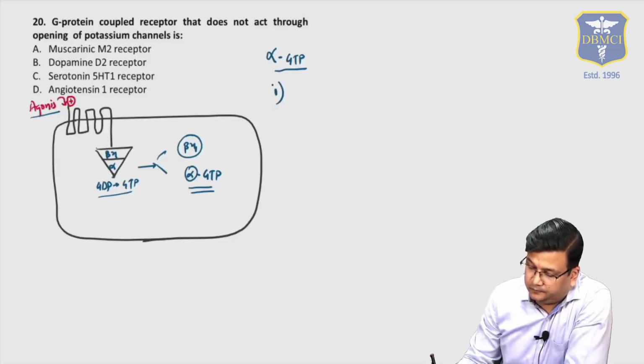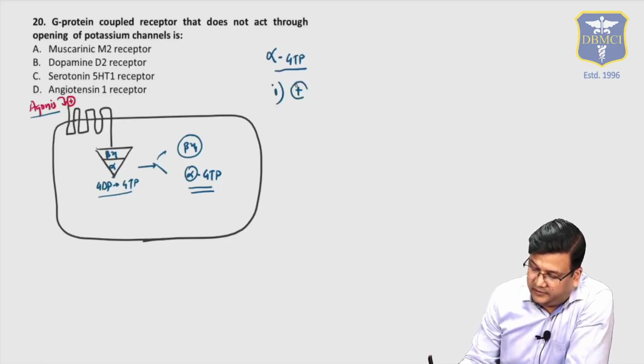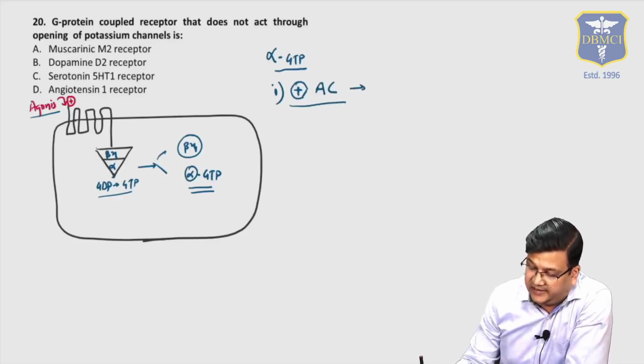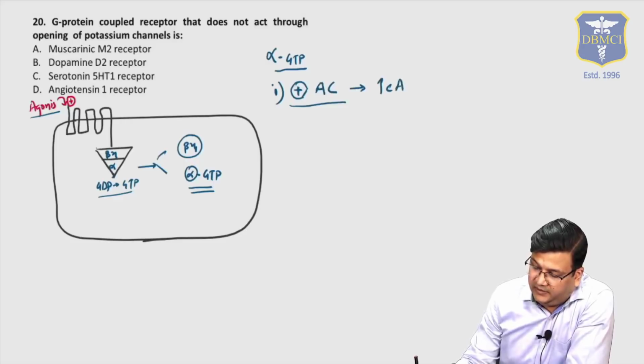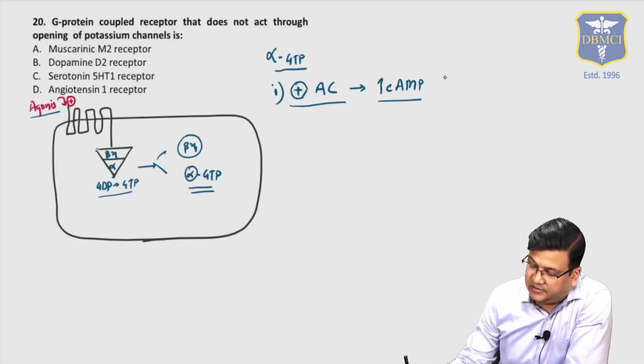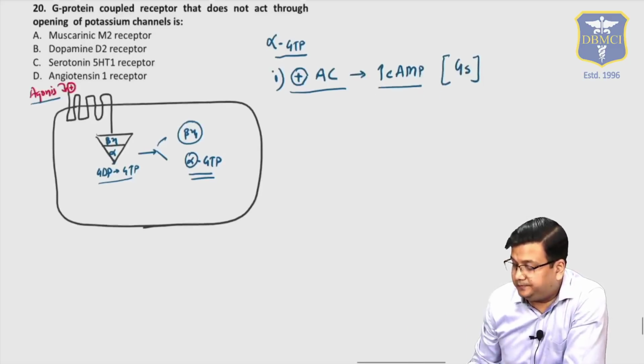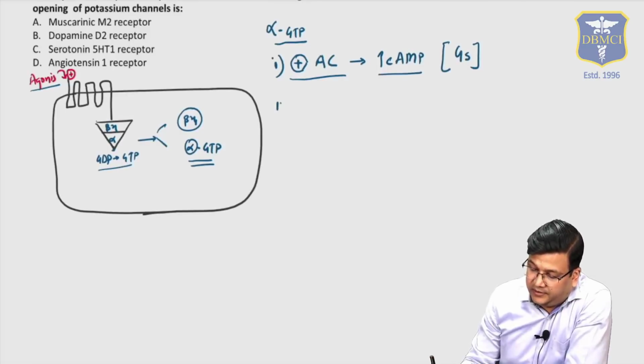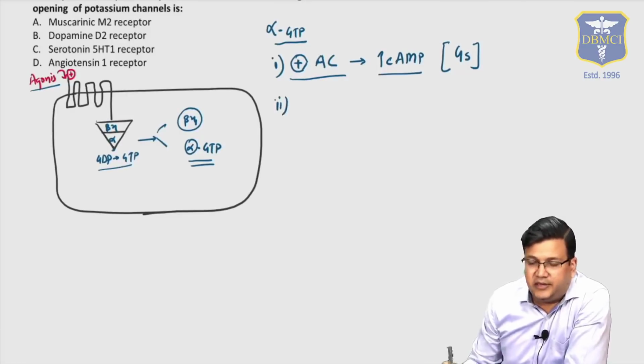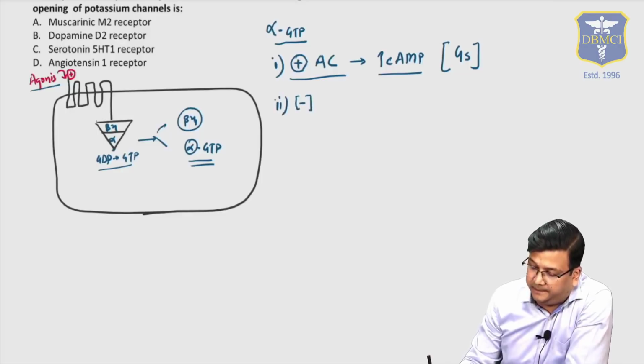Number 1, this alpha unit can activate, represented by positive stimulation, adenyl cyclase enzyme. When adenyl cyclase is stimulated, cyclic AMP will increase in the cell, and this is known as G stimulatory kind of GPCR, GS. This alpha unit can do another thing. Instead of activating or stimulating adenyl cyclase, it can inhibit adenyl cyclase, and that will decrease cyclic AMP in the cell.